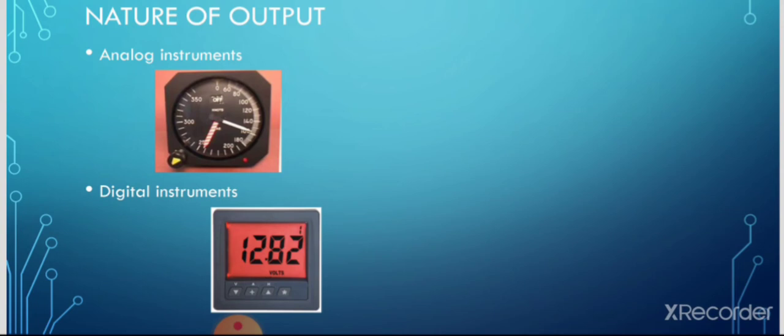But when measuring the output value using analog instruments, some human error will occur, and this will not give an accurate value. Examples of analog instruments are deflection type ammeter and deflection type voltmeter.